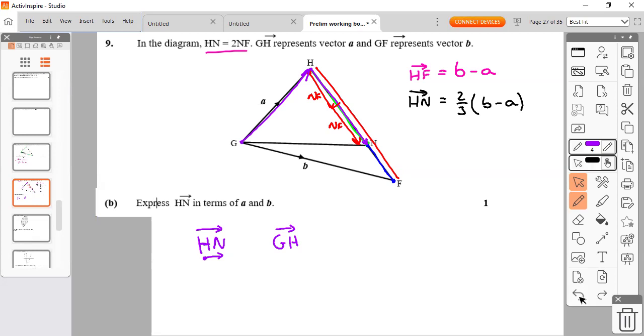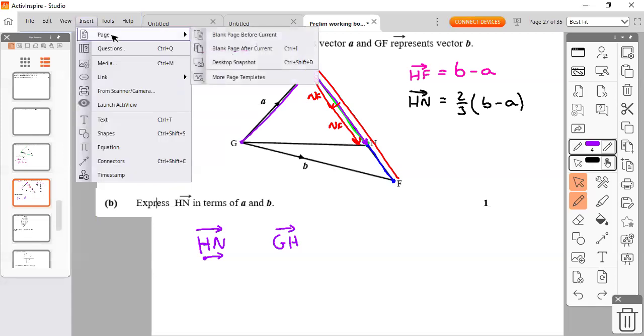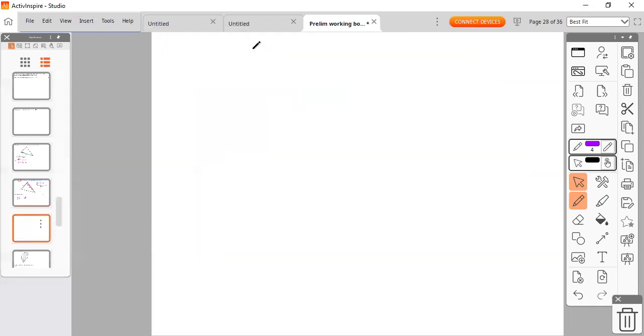Right, vectors ignore distance, no problem. So vectors account for motion and direction, but they don't account for distance. Right, okay, that's fine, thank you.